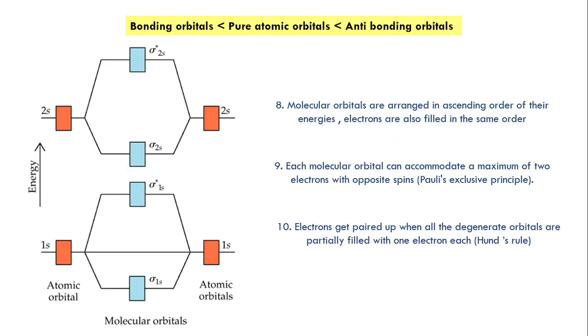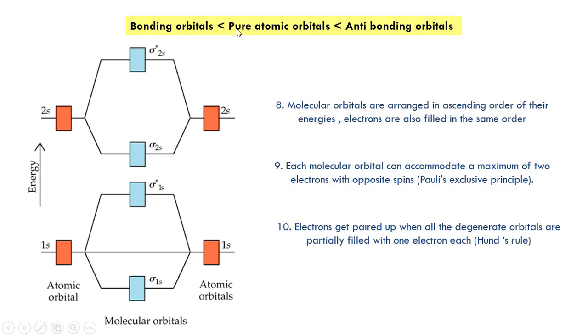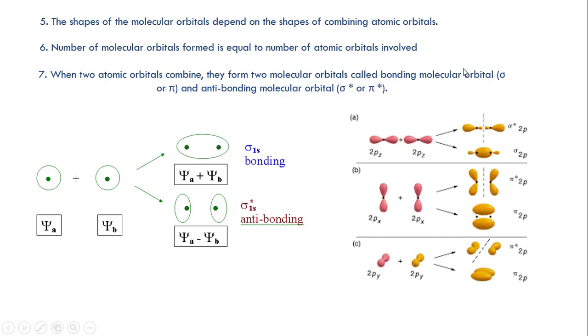The next point, as I told you, is that bonding molecular orbitals always have lesser energy than the pure atomic orbitals. Here, these are the pure atomic orbitals, which combine with each other and form molecular orbitals.